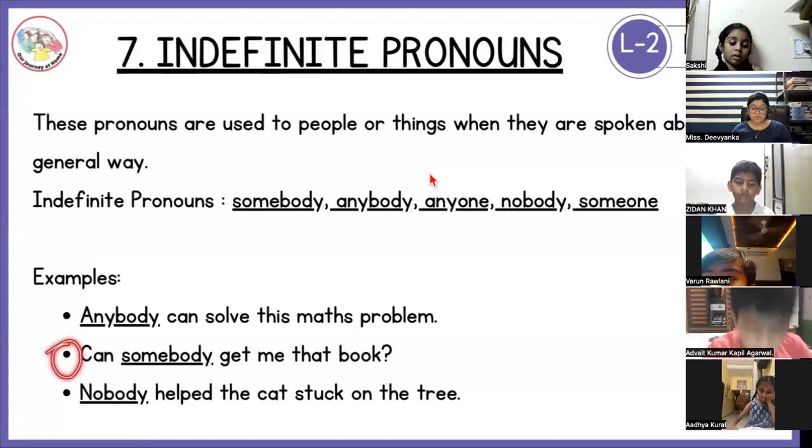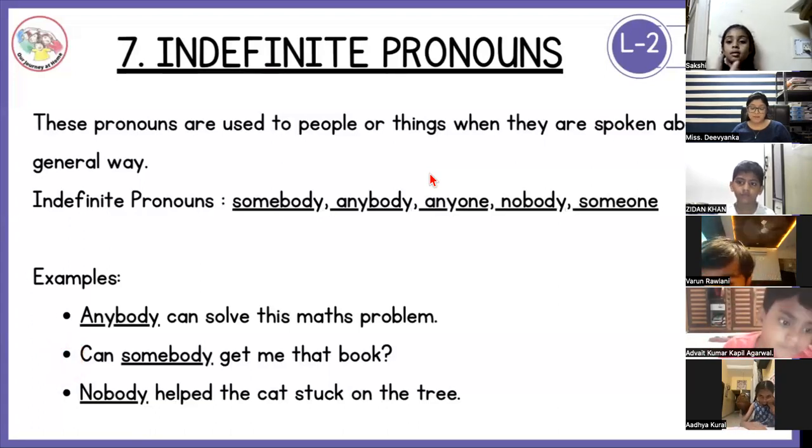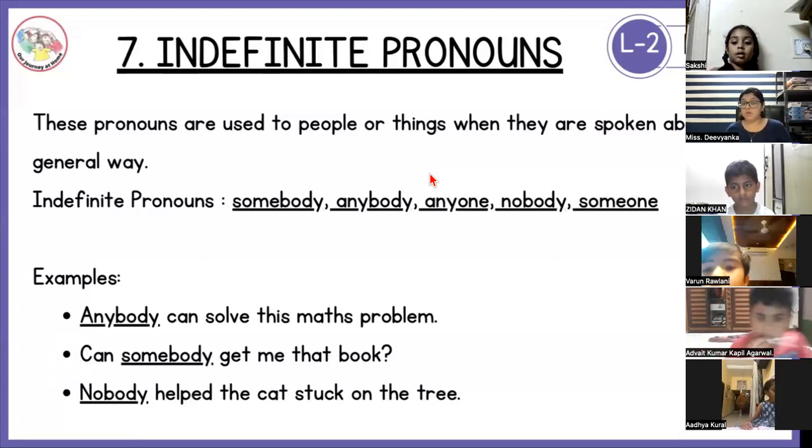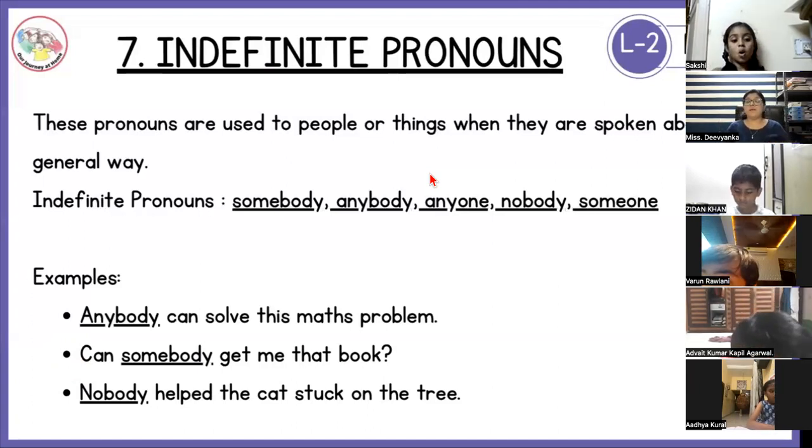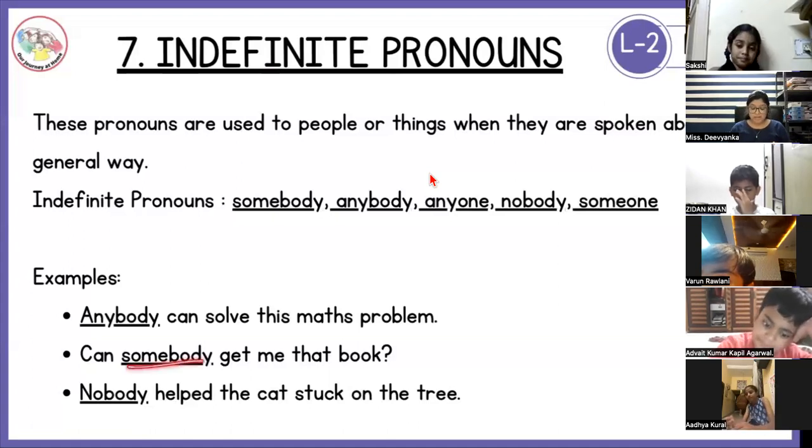Similarly, the second sentence: can somebody get me that book? You would have heard this sentence maybe in a school classroom. Your teacher might have said this sometime. Can somebody get me that book? Or if you are in a library, someone could have said, can somebody pass me that book? So it can be anyone.